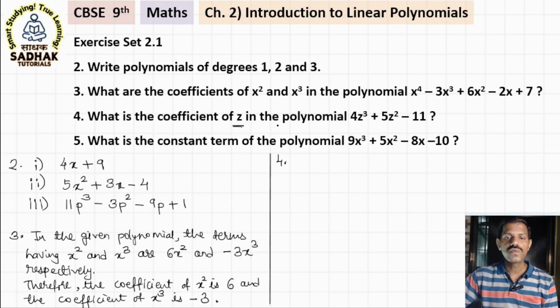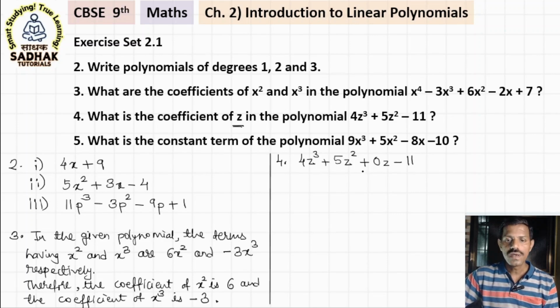So we have to write this polynomial with the term z. We can write it this way: 4z raised to 3 plus 5z raised to 2, now the z term is missing, so we can write it with coefficient 0: 0z, minus 11.